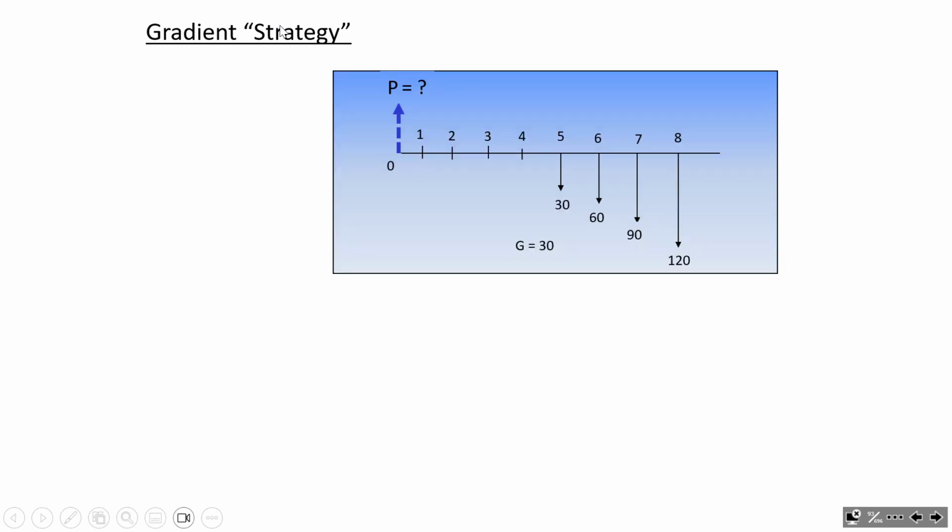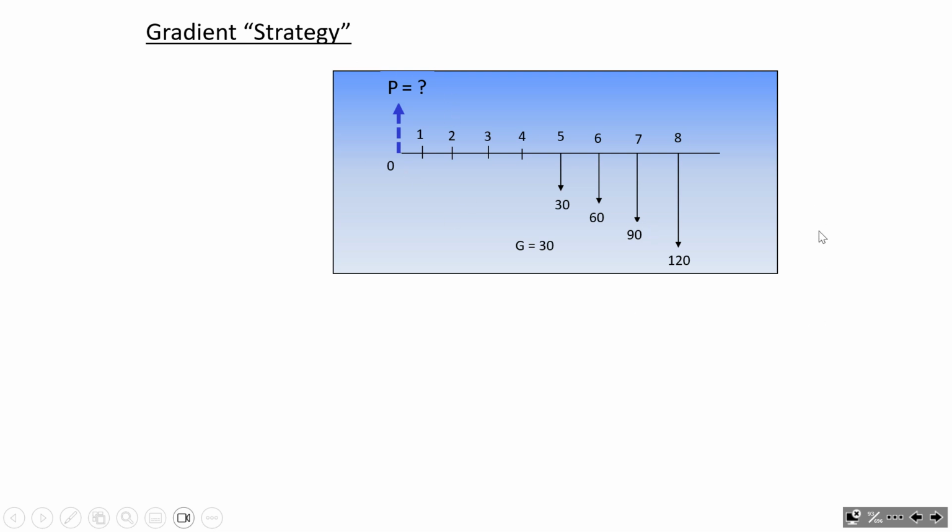We also talked about what you do when the gradient doesn't begin at time 0, where the annual series and the gradient are many years in the future. On the other whiteboard, I wrote out a kind of pseudocode, a summary of the steps we'd take to find the present value of these amounts.